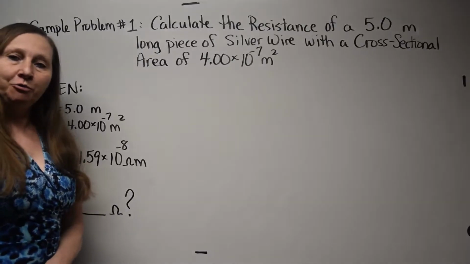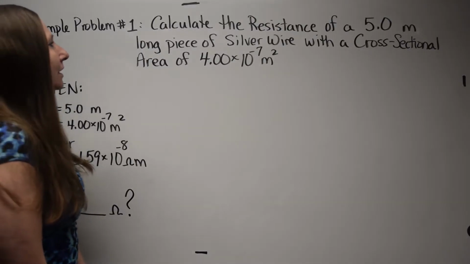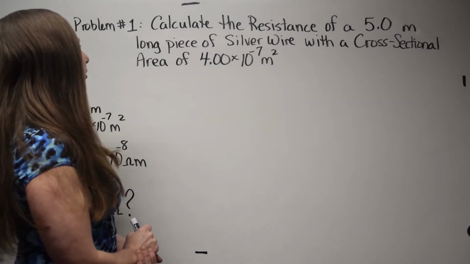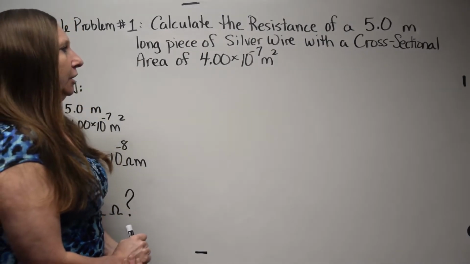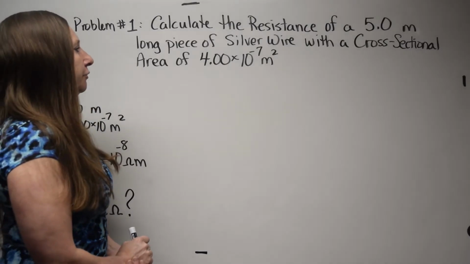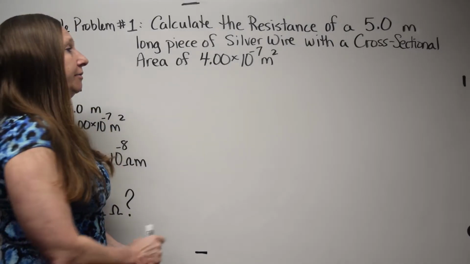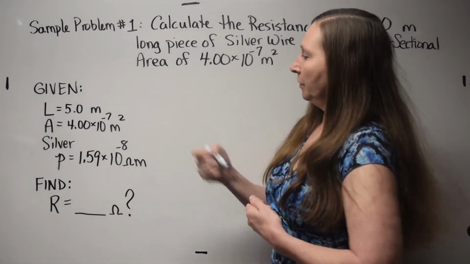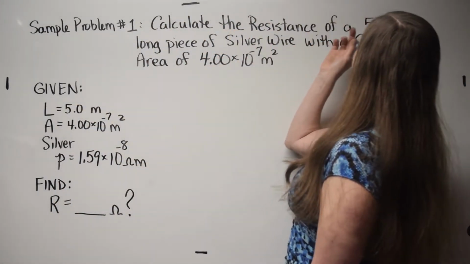Here's our first real wire equation problem. Calculate the resistance of a 5.0 meter long piece of silver wire with a cross-sectional area of 4.00 times 10 to the negative 7 meters squared. You want to first list your givens. We were given a length of 5 meters.